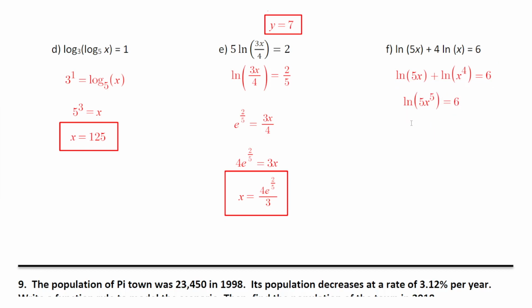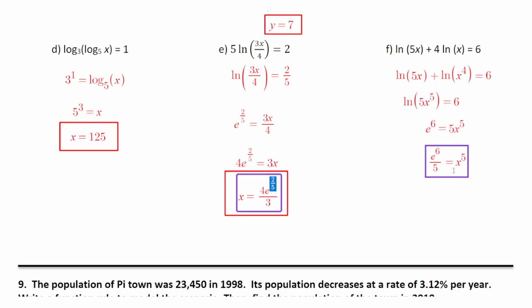And so I can rewrite this using exponents, like I did the previous problem. e to the power of 6 equals 5 times e to the fifth power. I need to divide both sides by 5. And then I need to take the fifth root of both sides, or, just like I was saying in the last problem, you're better off with fractional exponents rather than thinking of these as roots.